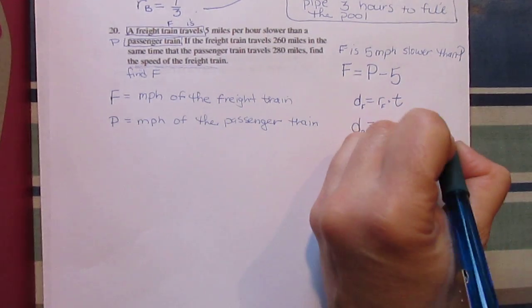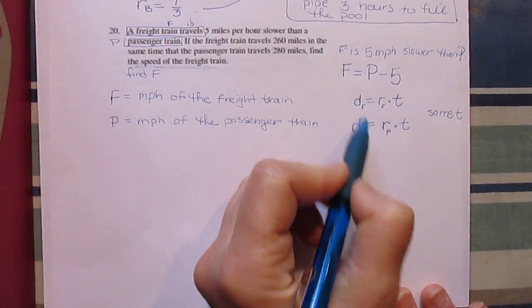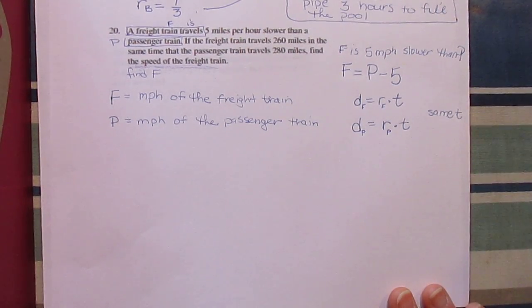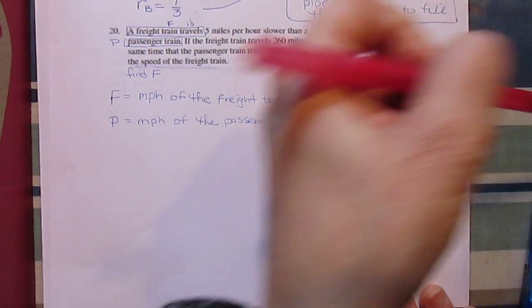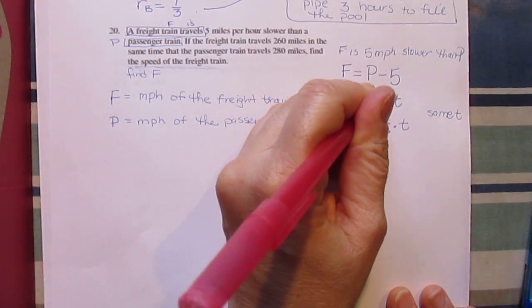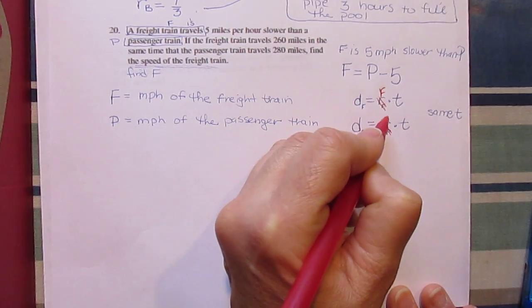T is the same T. So I need to combine these two in such a way that I have two equations, two unknowns. Actually, this right here is my F. Now that I think about it, this is my F. And this right here is my P.